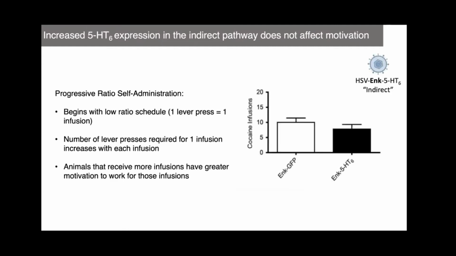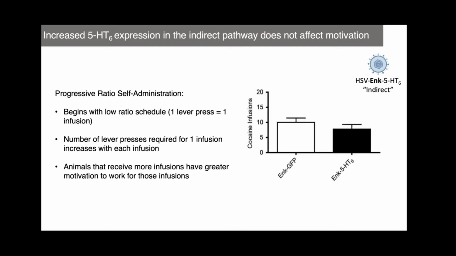But interestingly, we see that when we look at rats with increased 5-HT6 in their indirect pathway, we don't see any difference in the number of cocaine infusions compared to controls, showing that this manipulation also isn't affecting their motivation to consume cocaine. So a third explanation is that increasing 5-HT6 signaling in the indirect pathway is altering their sensitivity to the rewarding properties of cocaine.